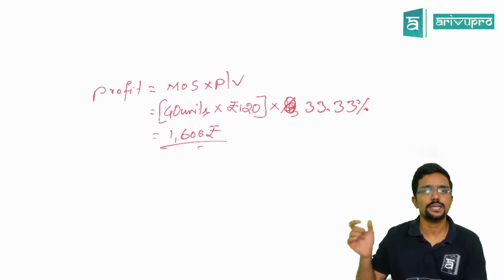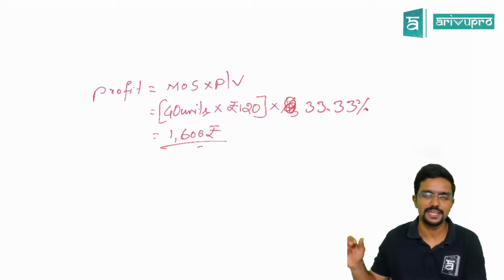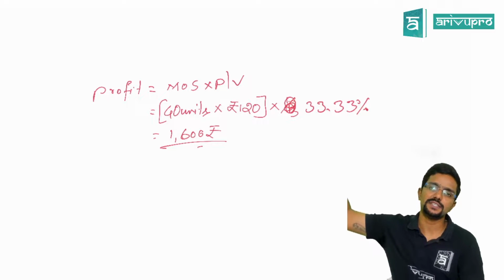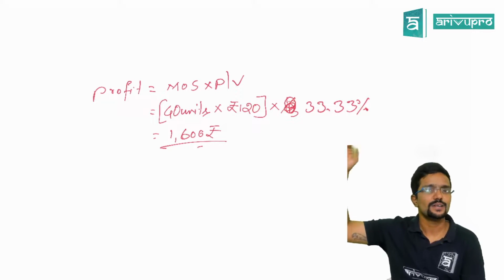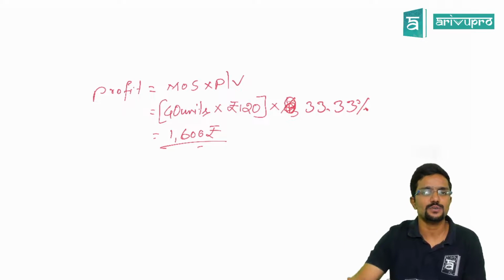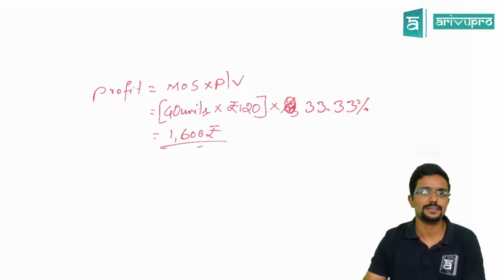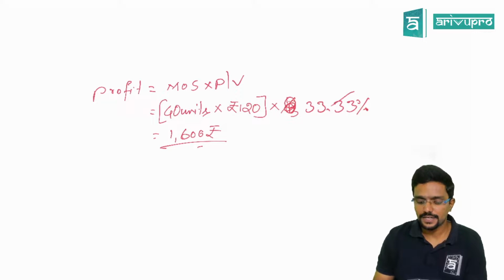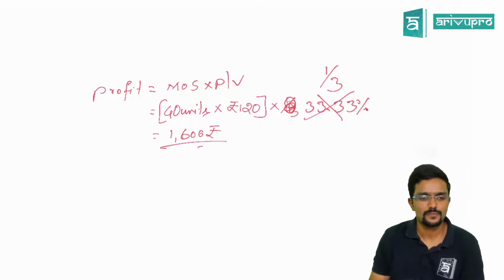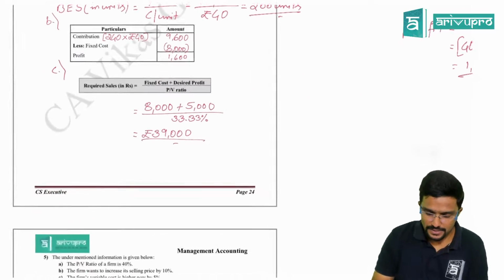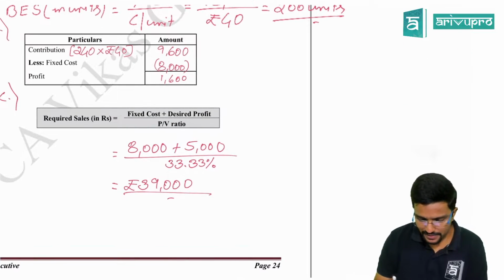Because 33.33 is not the exact percentage. It will be 33.33333333. So we normally round it up to 2 decimals. If I want to get exact answer, instead of taking 33.33, I can do 1 by 3. Clear? Student: Sir, here also can I use 1 by 3? Yes.